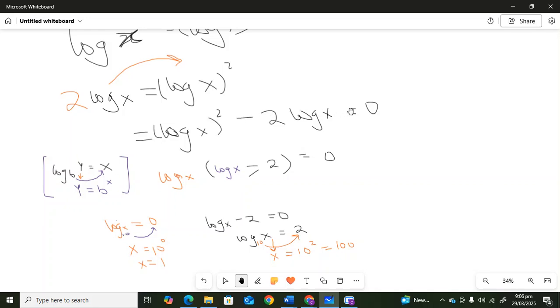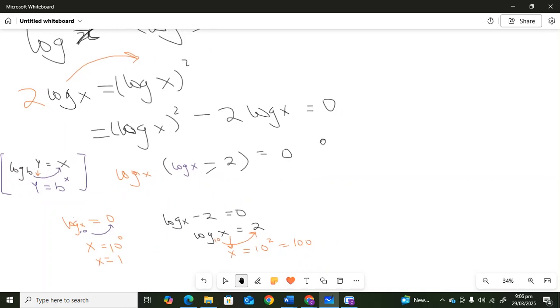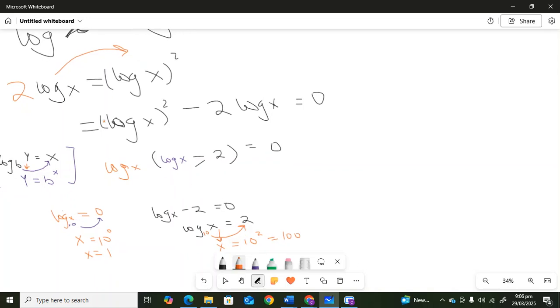So this is in the format of a quadratic equation. This expression, log x squared minus 2 log x, is in the format of a quadratic equation. So you can solve this quadratic equation by substitution.